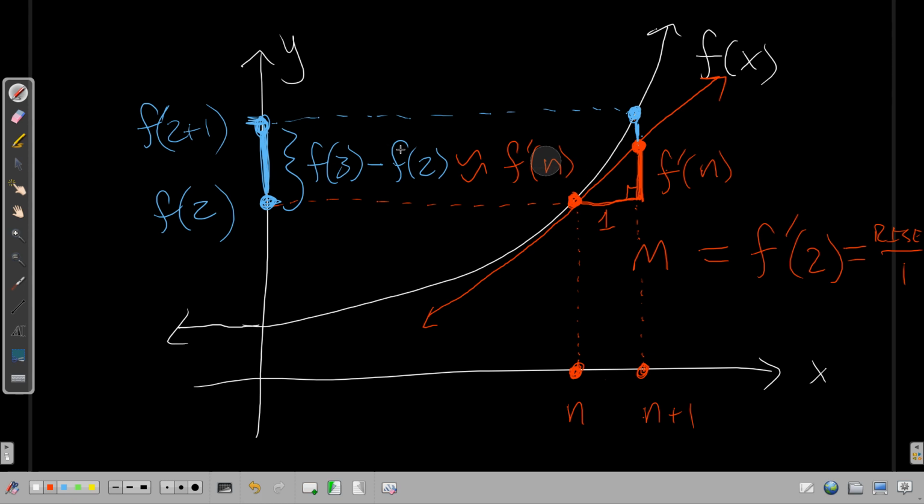And what we've uncovered here is that if I take the derivative, evaluate it at n, and then just move over by 1 unit, I can estimate how far I have to go vertically to get back to the curve.